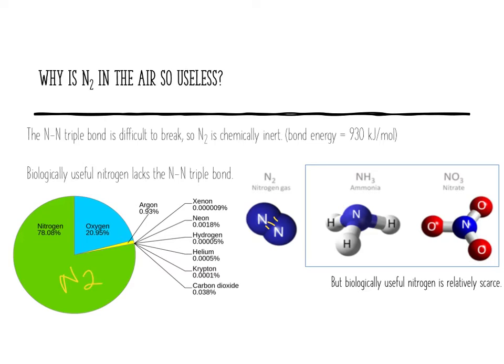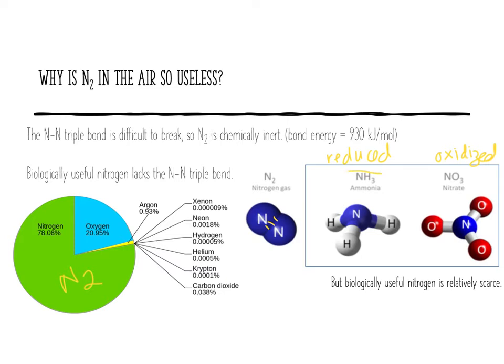The two more reactive forms of nitrogen are either the fully reduced form, NH3, which has all the hydrogens, or the fully oxidized form. Either of these two forms is just more reactive.